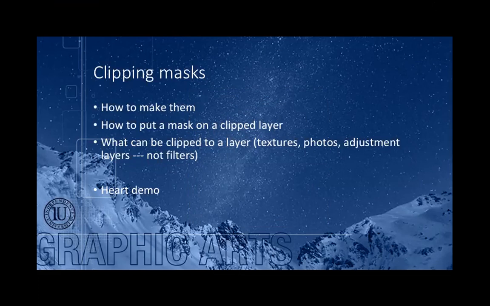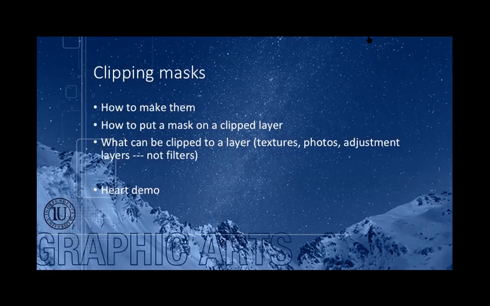Give it an opacity so I can see it. Take your marquee tool over the edge there. There we go. And then put a mask onto it. And you can do it that way. But there's another way. That's just creating a mask. Clipping masks allow you to make it look a little bit more real into the actual layer below it.